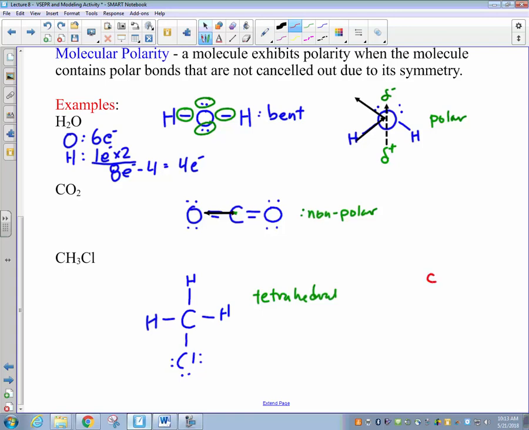We've got our central carbon atom here, and then those 3 hydrogens that are kind of down below here. I'll draw a hydrogen right here, and a hydrogen right here. And then up top, I've got the chlorine bonded to the last pair of electrons there.